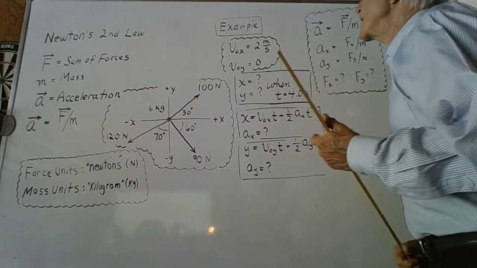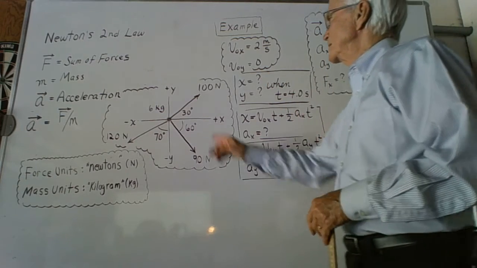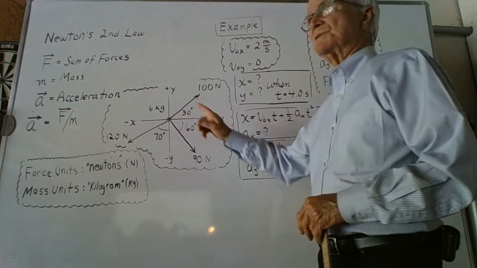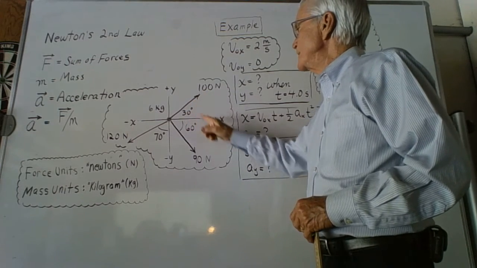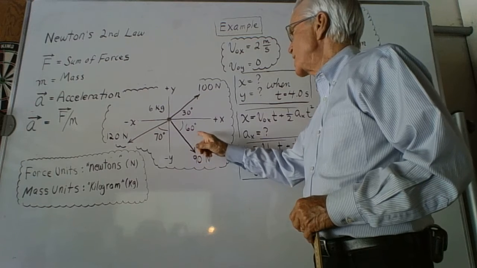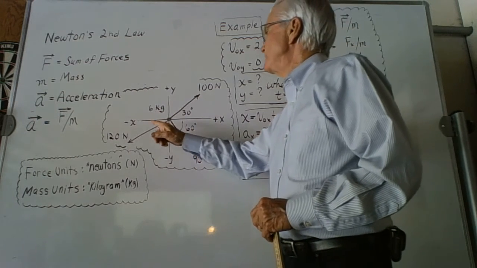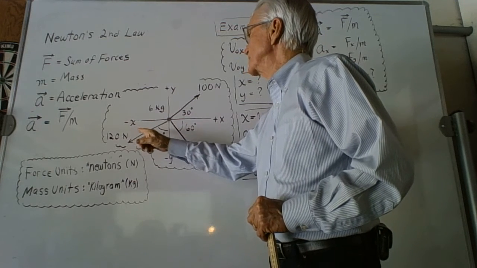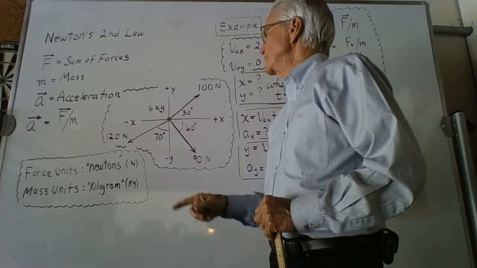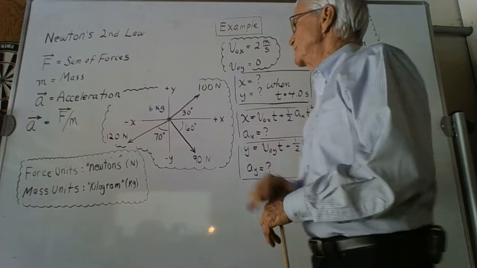What about the y component of the total force? It's the sum of the three separate y components: 100 sine 30, minus 90 sine 60, minus 120 sine 20, or minus 120 cos 70.